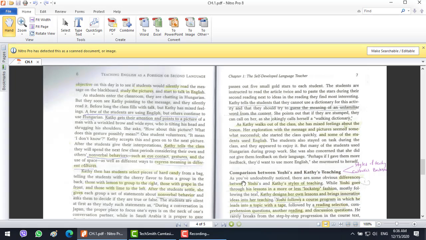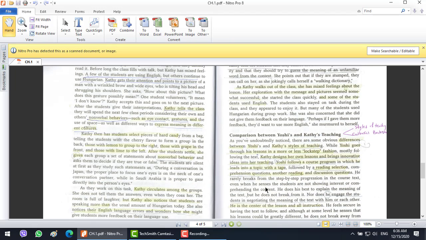Okay, if we compare Yoshi's and Cathy's teaching, we have the differences between the two classes. Here we have different points we should deal with. The first one is the style of teaching, and we have four other factors.